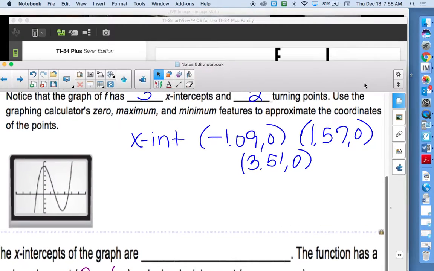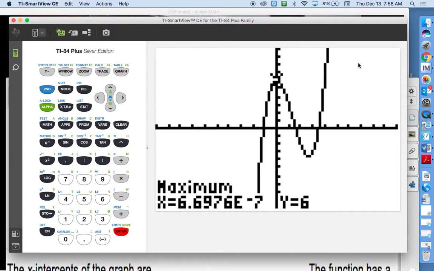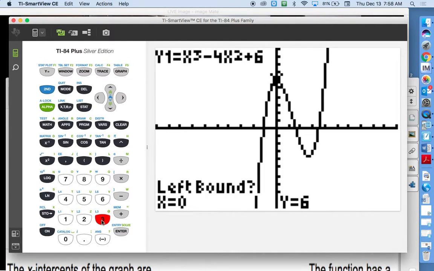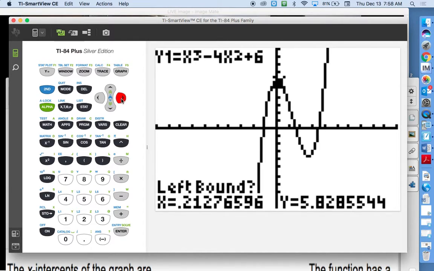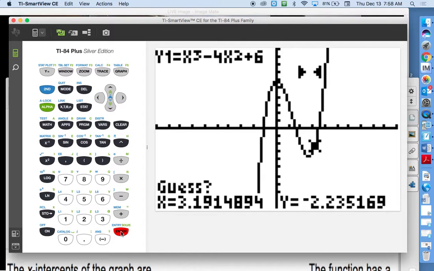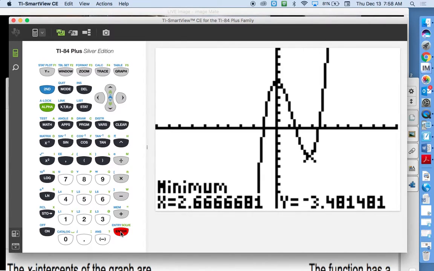See if you can calculate the min using the minimum function. So second trace, we're getting number 3 this time. And that little blinking guy, the left of the lowest point and the right of the lowest point.